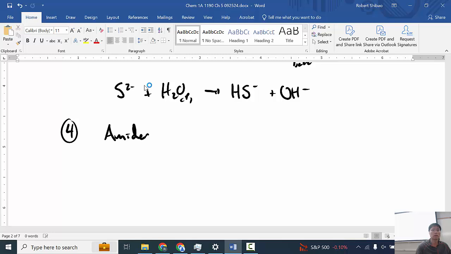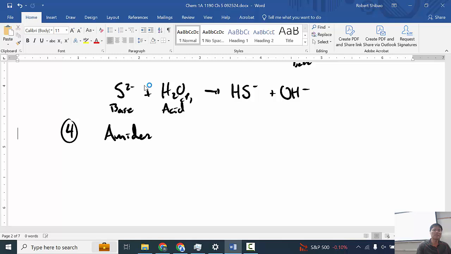How do we know what kind of ions these reactions will make? Because we look at it as being a Bronsted acid-base reaction. So this is the base, this is the acid.